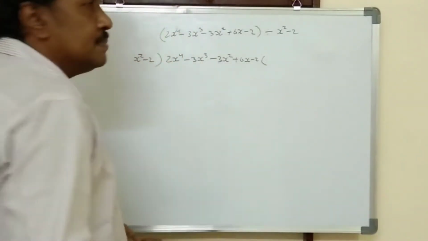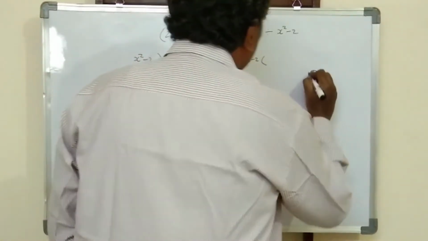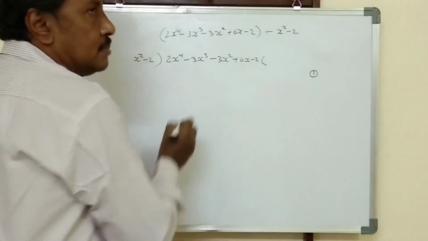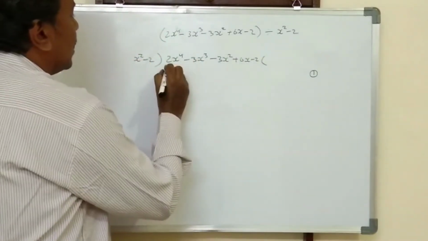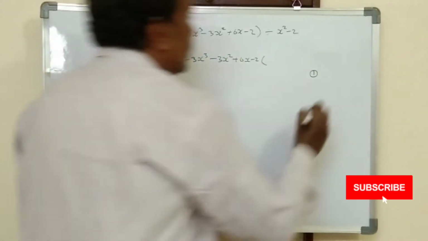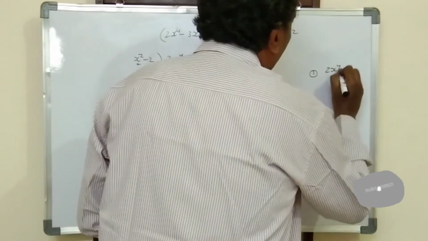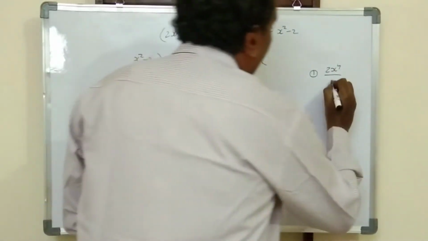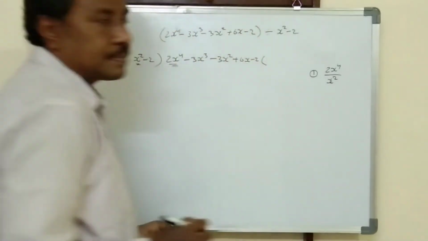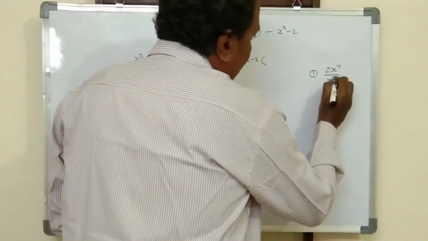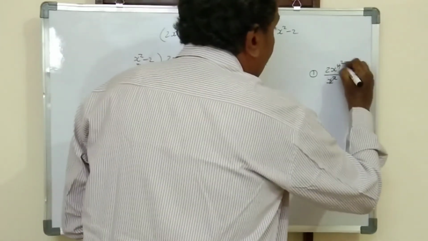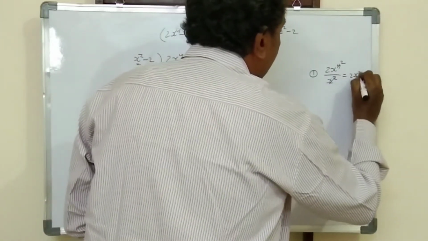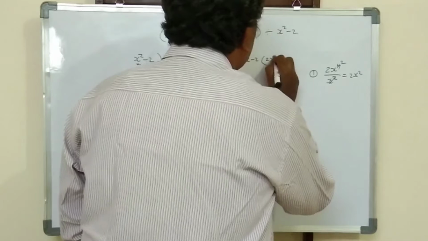So as usual, step 1. The first term of the dividend is divided with the first term of the divisor, 2x power 4 by x square. Here x power 4 by x square, that becomes 2x square. So keep here 2x square.